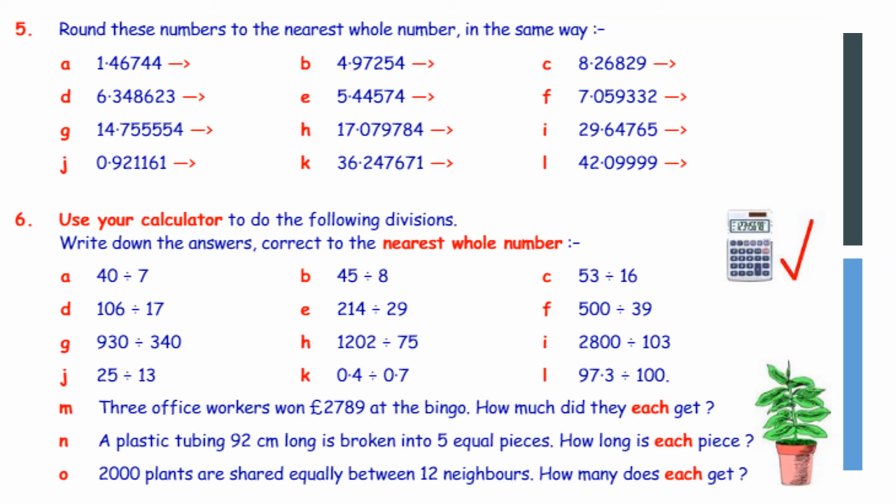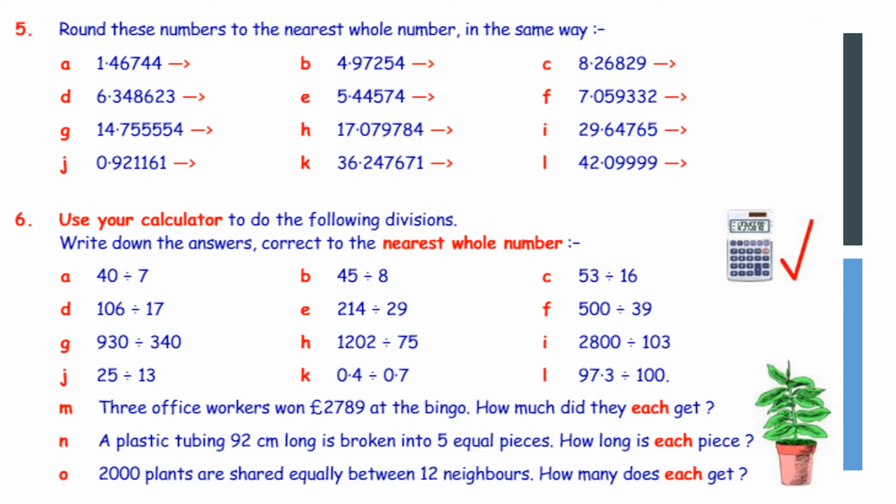Okay? Now M, N and O are word problems. But you're going to do exactly the same. 2,789 divided by 3, and you're rounding it to the nearest whole number. 92 divided by 5, round it to the nearest number, and 2,000 divided by 12, round it to the nearest number.